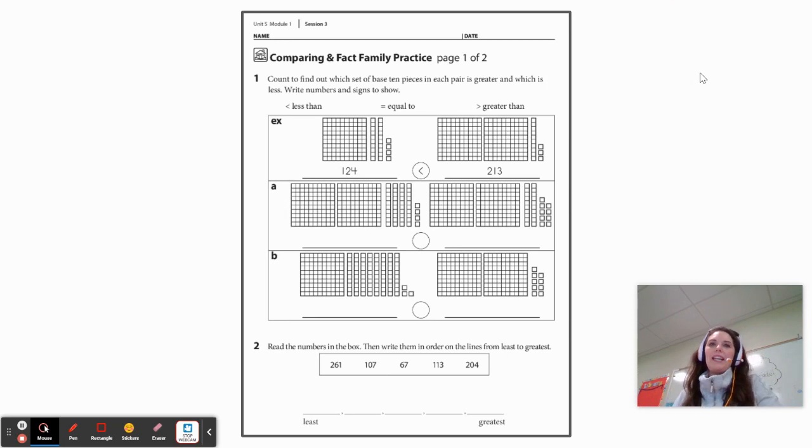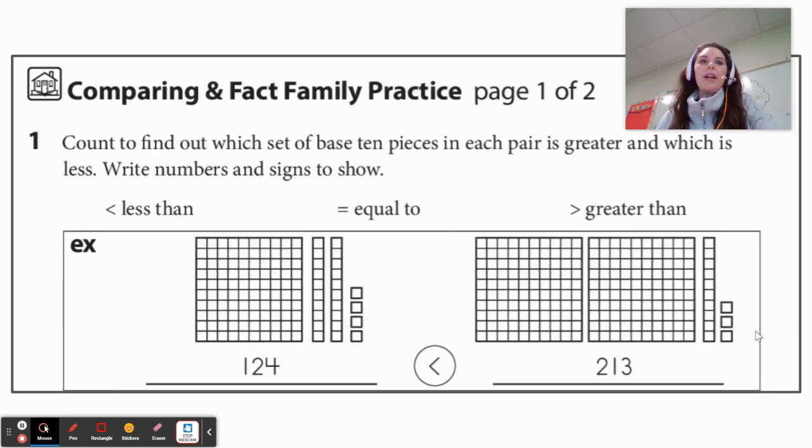All right, here is a picture of page 111. It is titled Comparing and Fact Family Practice. So I'm going to zoom in, read the directions, and walk you through your activity. Okay, the directions read, count to find out which set of base 10 pieces in each pair is greater and which is less.